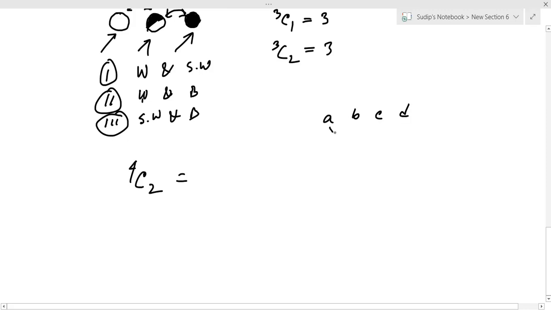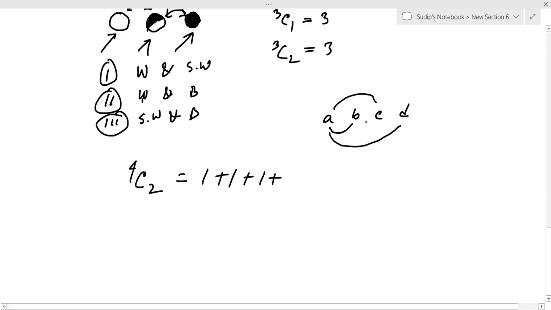So you can choose A and B, that is one option, plus you can choose A and C, another option. You can choose A and D, another option. So we have AB, AC and AD.